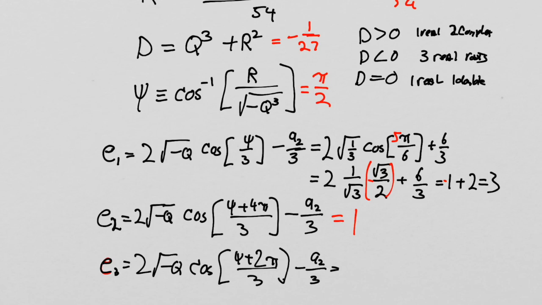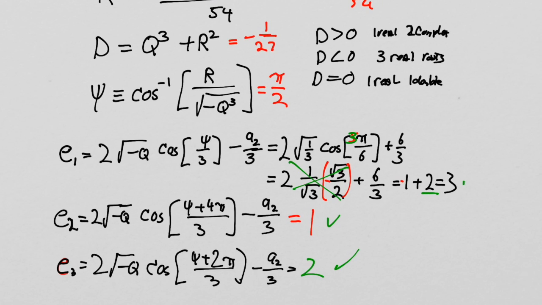And in that case, this will be not 5 pi, but it will be 3 pi. And the cosine of 3 pi over 6 is the cosine of pi over 2, which is 0. So this whole thing goes away, and you just have 2. So it equals 2. And there's our 3 roots, 1, 2, and 3.